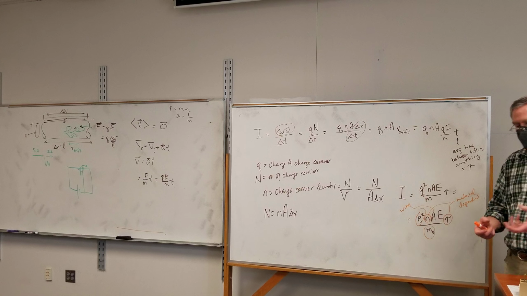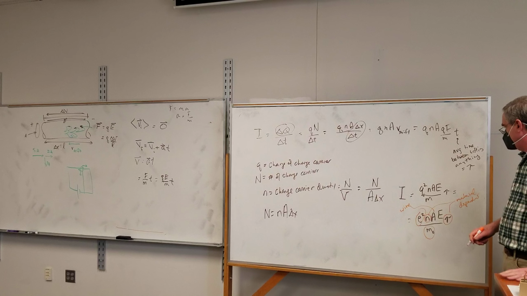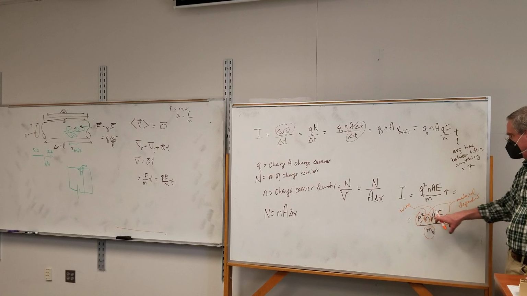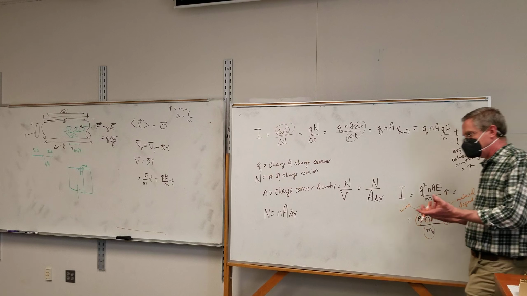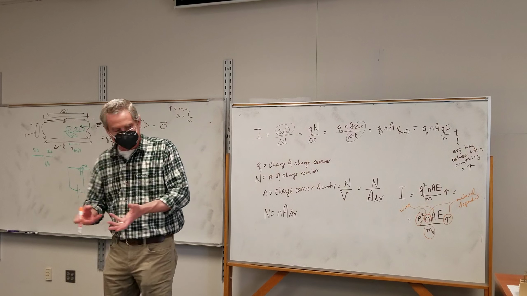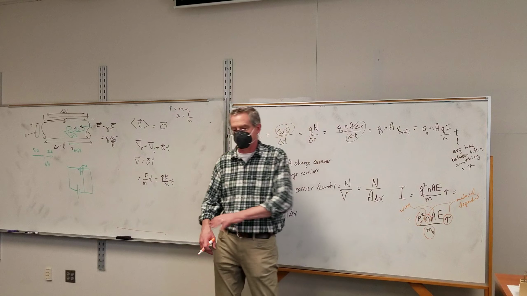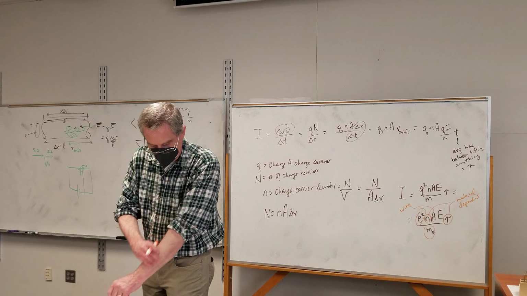So when I pick a material, I've got these constants of material there. If I pick a material, I can calculate these. The combination of these four things is for a particular material. I can find it experimentally.